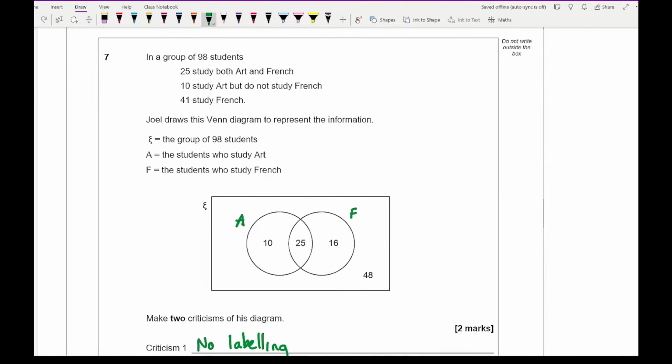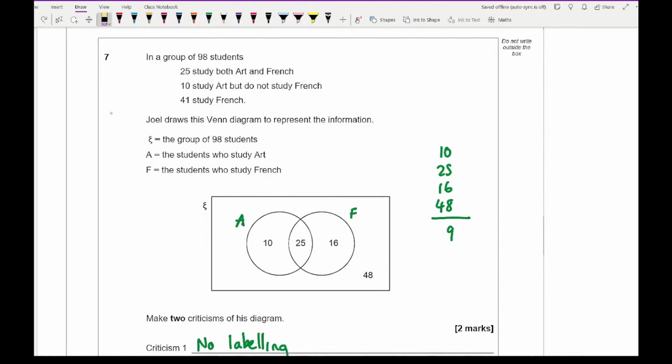So let's have a look to see if they all add up to 98. So I've got 10 plus 25 plus 16 plus 48. So that's going to be 11, and plus 9 is 9. So definitely going to go wrong here. So 4, 8, and so that should be 9, so it should be 99.